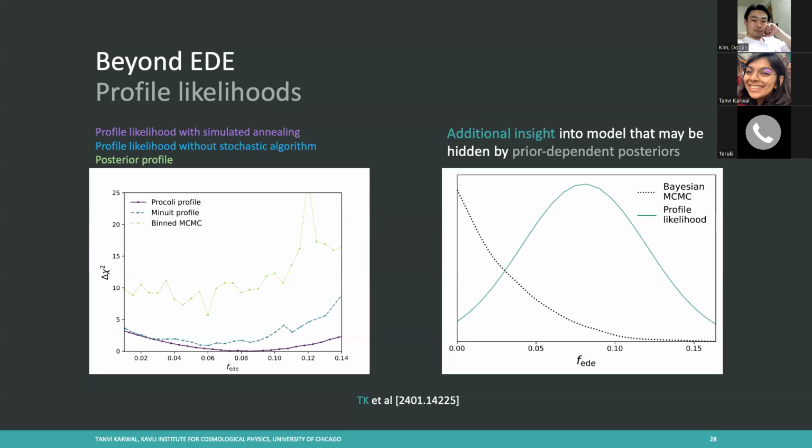It fulfills its purpose really well, but it's not a great optimizer. There's a difference of about 5 in delta chi-squared minimum between the green and the purple curve. So if you want to do profiles, use simulated annealing and use my code. Profiles can give you really useful insight into models where you don't necessarily trust your priors, or you don't want your priors to bias your results.